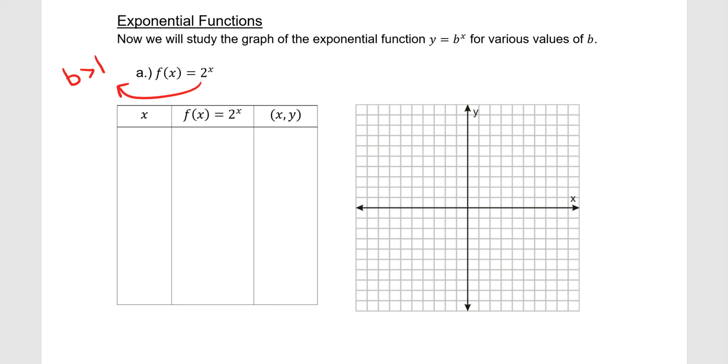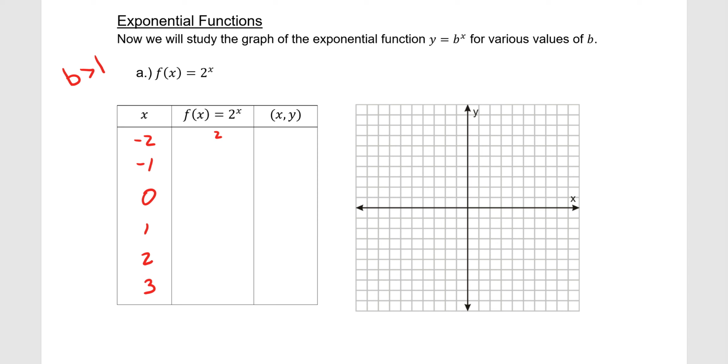So let's plug in some x values and see what happens here. Let's plug in an x value of -2, -1, 0, 1, and 2. And since I have room, let's just plug in a 3 also. So if we plug in a -2, that's 2 to the -2.